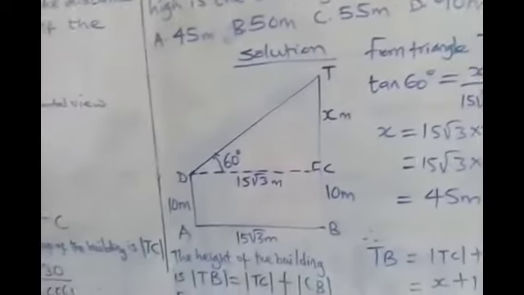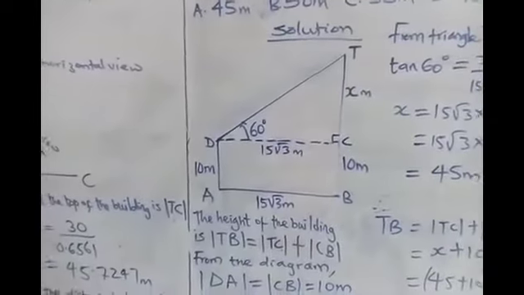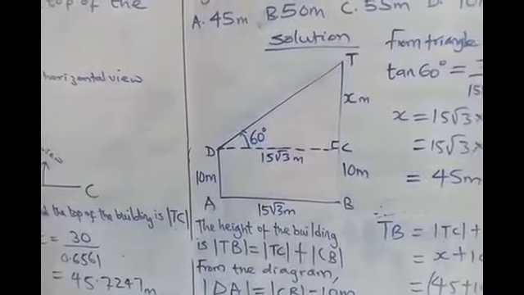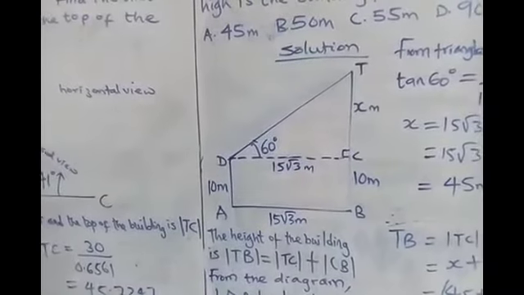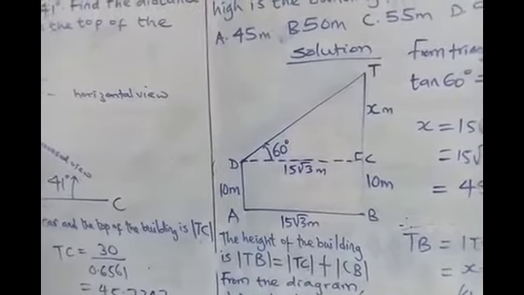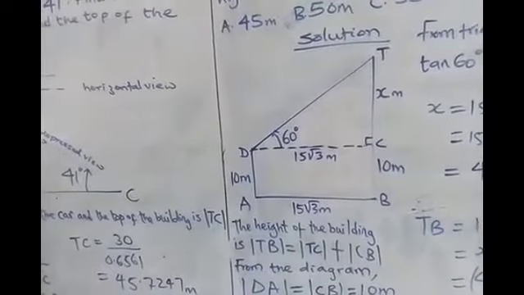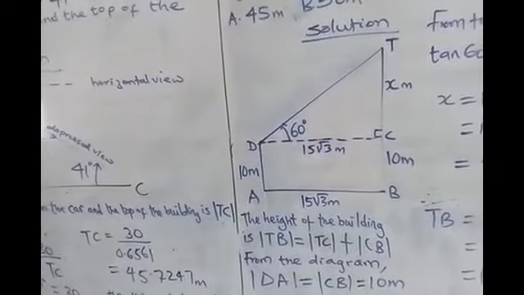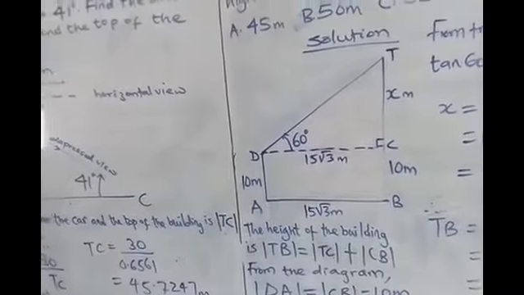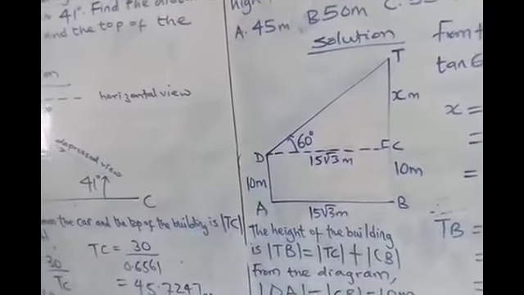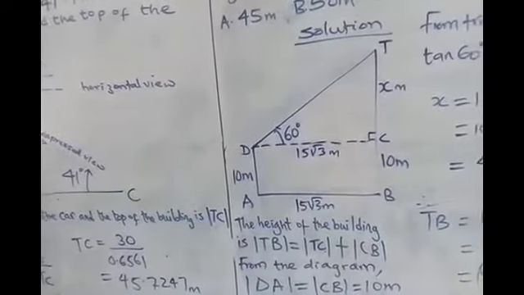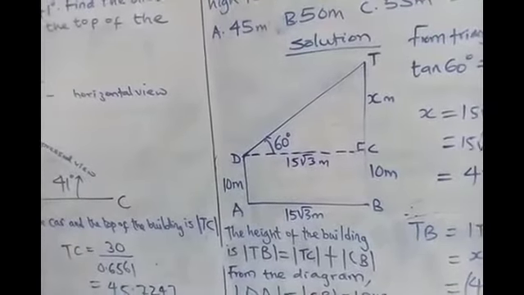So we'll take the diagram first. From the shape there, the building and the tower are 15 meters apart, which is represented by line AB. The top height of the tower is 10 meters, which is represented by DA.